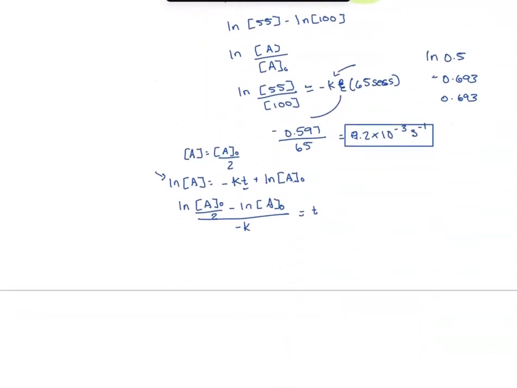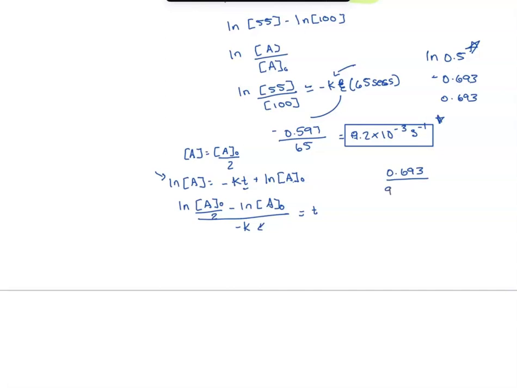So we know that it's a given value. So we have 0.693, and this is for a first order reaction, which we got from this section. But it's usually a value that's typically given to you. So it'll be 0.693 over k. And what was the k that we just solved for? Well, it's right here.